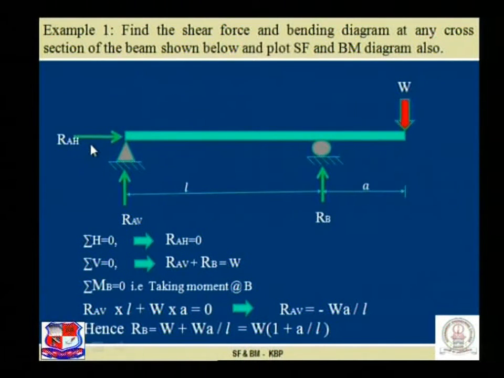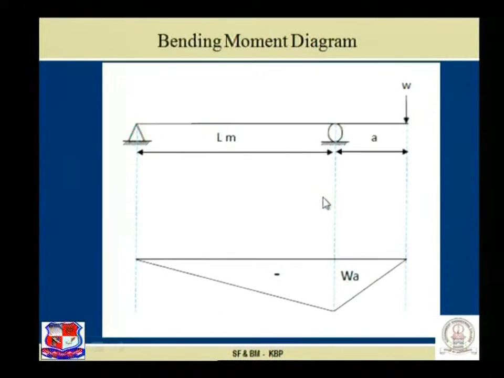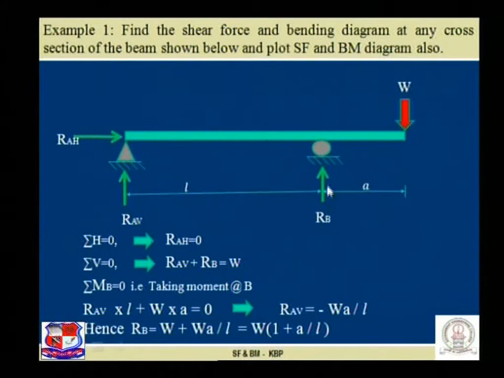Obviously RAH is 0, so the moment because of RAH is 0. Now RAV creates the moment RAV into L, a clockwise moment. Clockwise is taken as positive, so RAV into L. Another force is RB, but we have taken the moment at that point itself. So RB into 0 is 0.